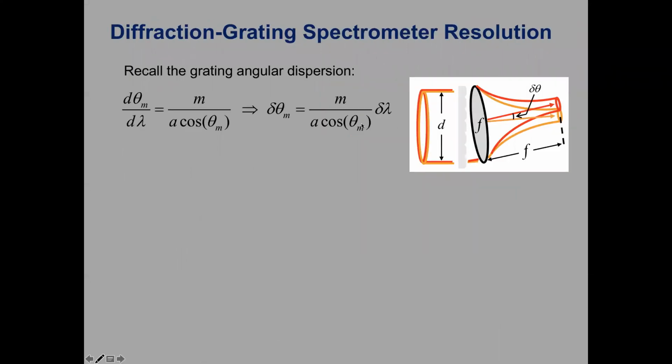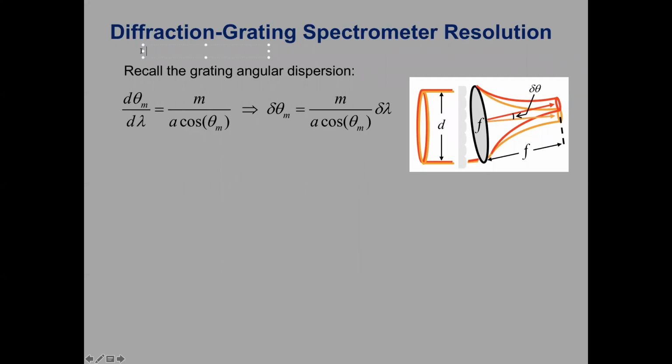So we can get that just by doing some calculus on the grating equation. So let me go up and put our grating equation as we started it on the slide. I'm just going to type it in here in a second so you guys have it.